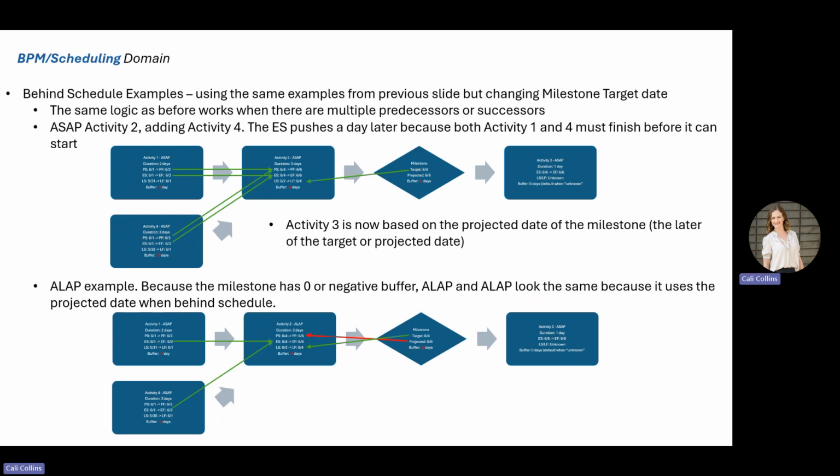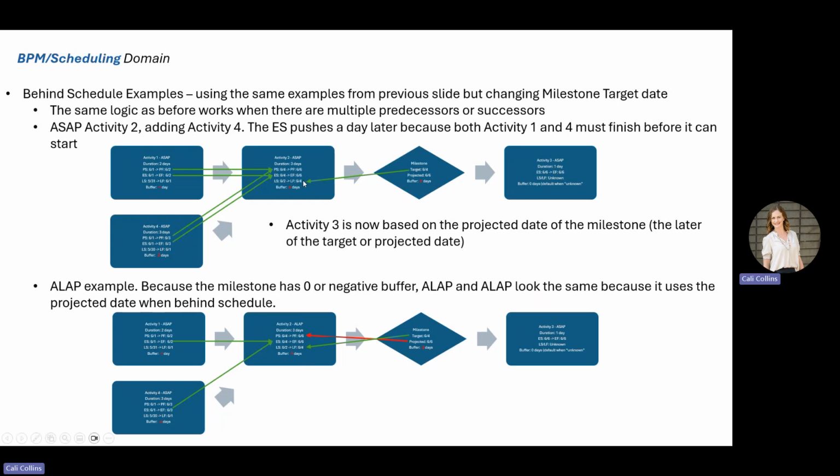The day today is June 1st, and we have 5 days worth of activities to complete between now and the 4th. So you can see we just don't have time to be able to complete all those activities. Because of that, the projected date of when we actually will complete these 5 days worth of activities is on the 6th. And therefore our milestone's buffer is negative 2 days.